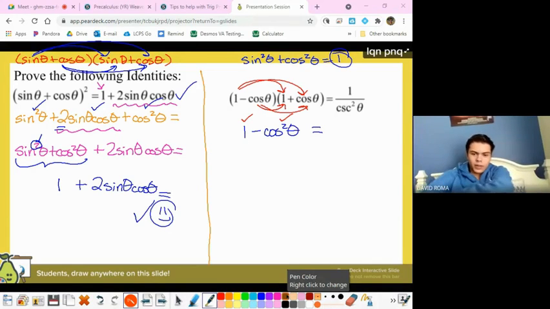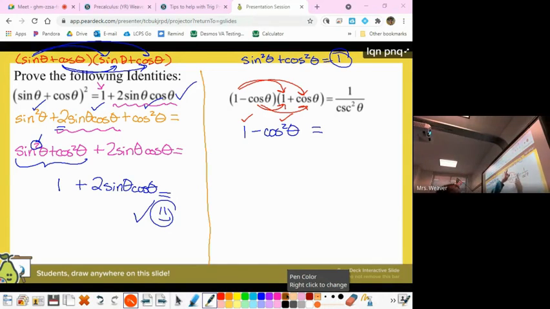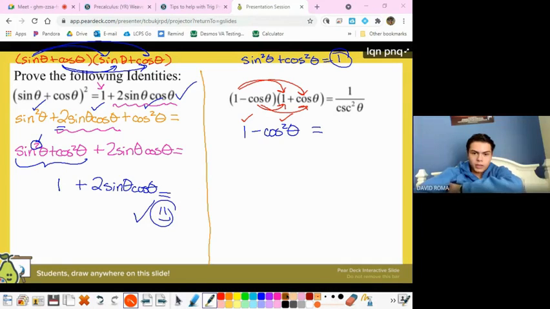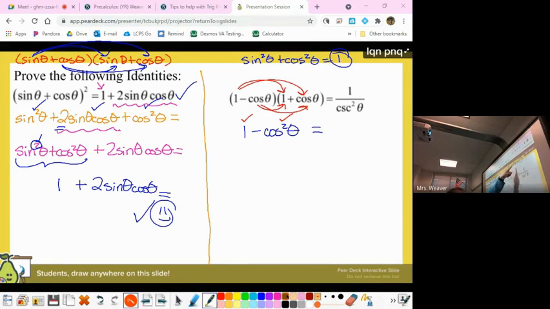Okay, are you where you can see my shared screen here at the top? It says sine squared theta plus cosine squared theta equals 1. If we want it to look like 1 minus cosine squared theta, we've got to subtract cosine squared theta from both sides. When I do that, the positive cosine squared theta and negative cosine squared theta cancel.